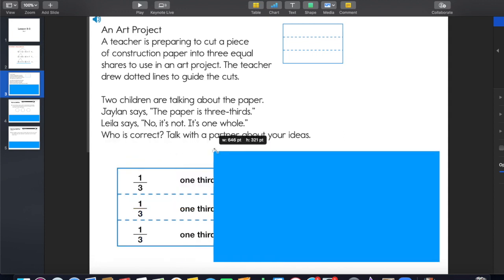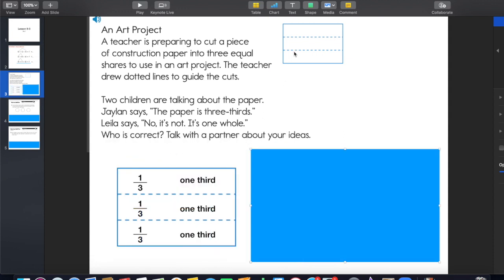So what I did is I took the sheet of paper and I labeled each part. So this share would be 1/3. And it would be 1/3 because there are 3 parts and I'm having one of them. This is one out of those 3 parts.